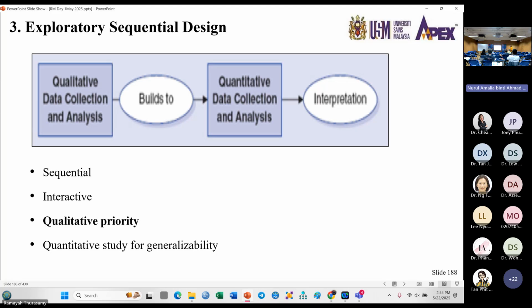Both are sequential design, one explanatory, the other exploratory. In mixed method, you don't have to have 50%, 50%. You can also have 80% here, 20% there. So you don't have to have an equal percentage for your study. That's a choice you can make.